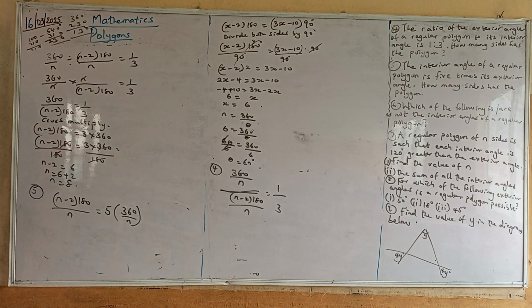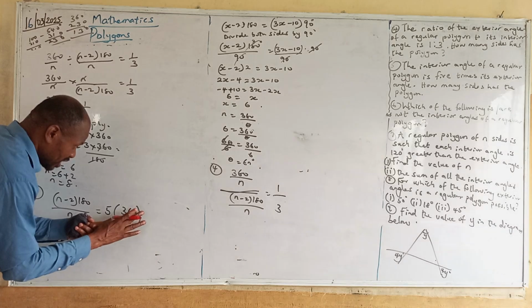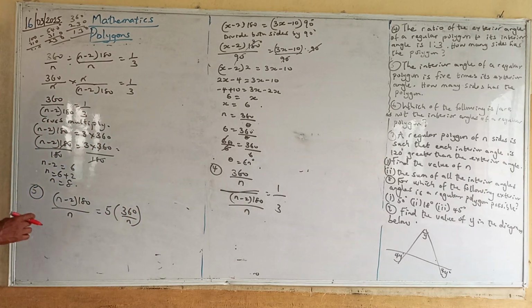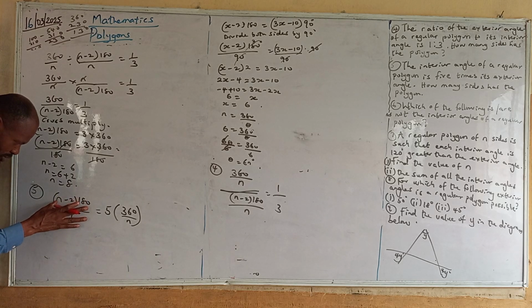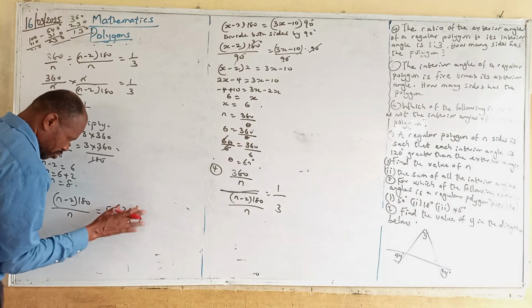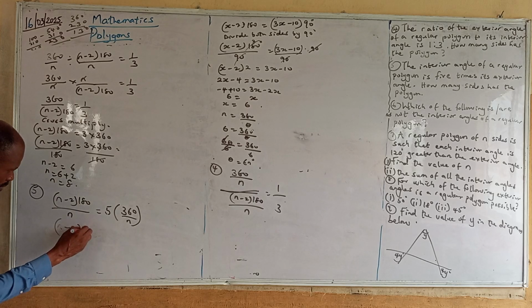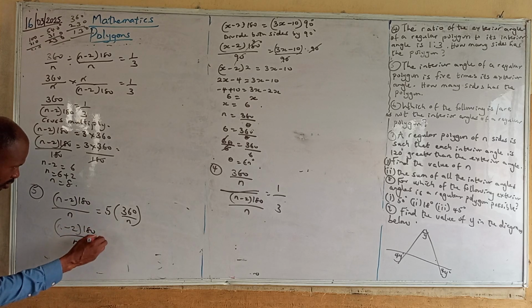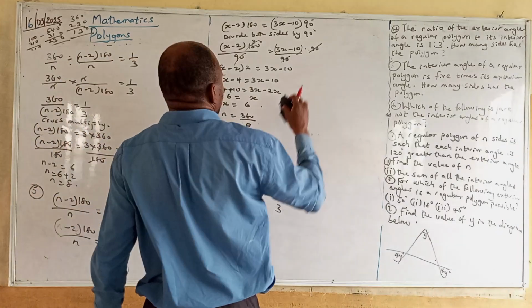So each interior angle of a regular polygon is 5 times each exterior angle of a regular polygon. So I will have (n minus 2) times 180 over n equals 5 times, this is 5/1, 5 times 360 over n. Then I will cross multiply.